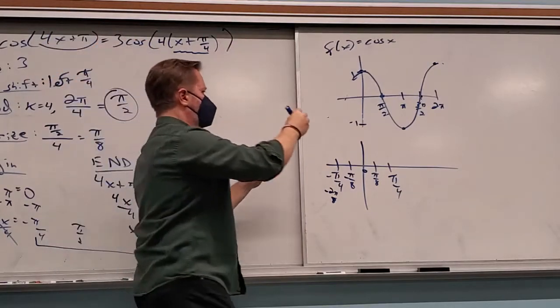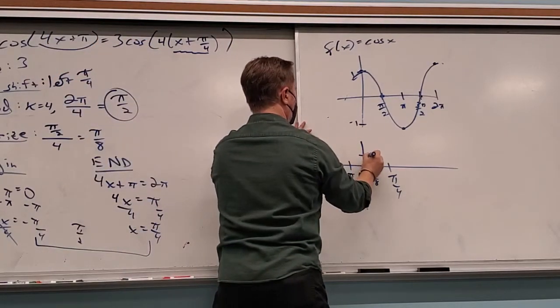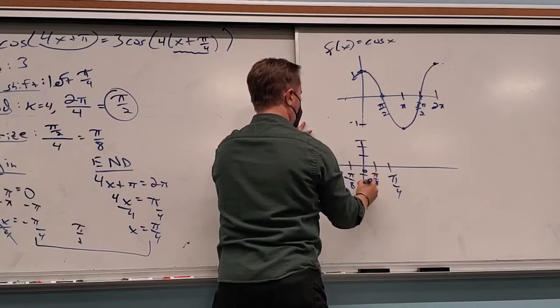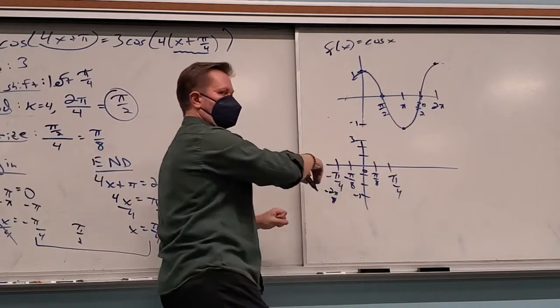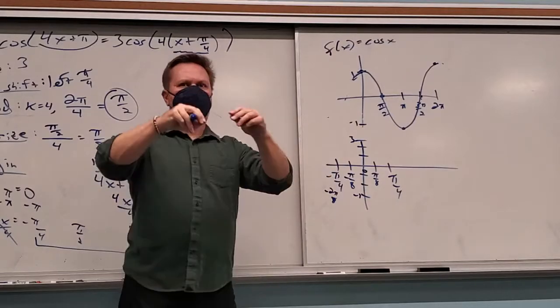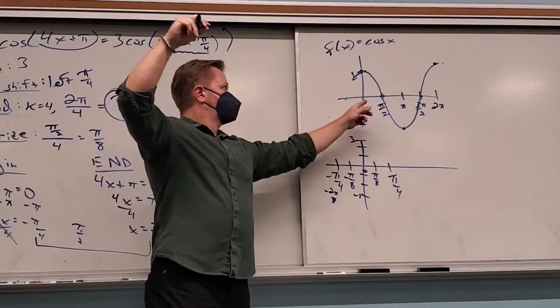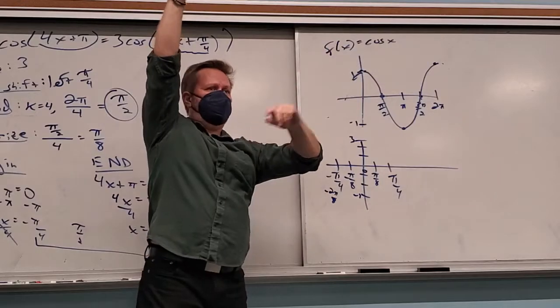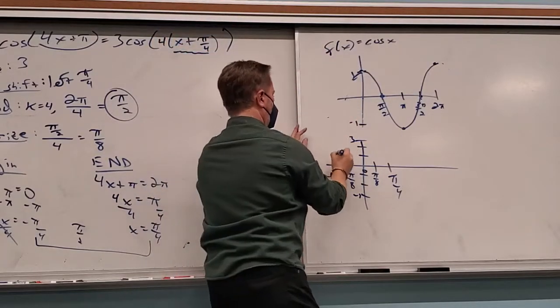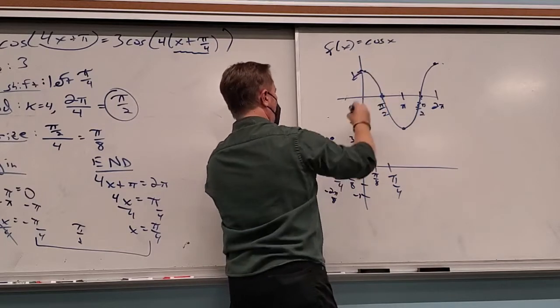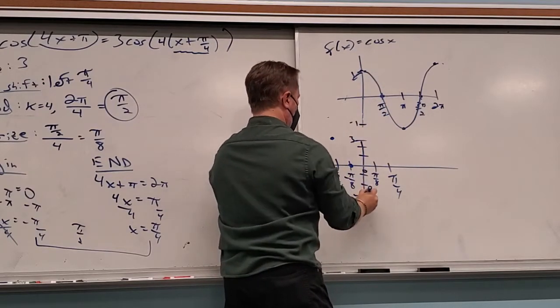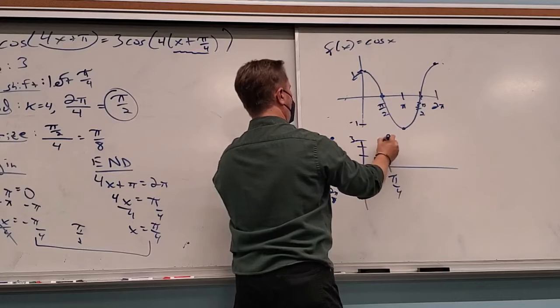So what does cosine do? Again, what's the amplitude? 3. And cosine starts where? It starts at the maximum, so it's going to be 3. And then it goes to 0, negative 3, 0, 3.